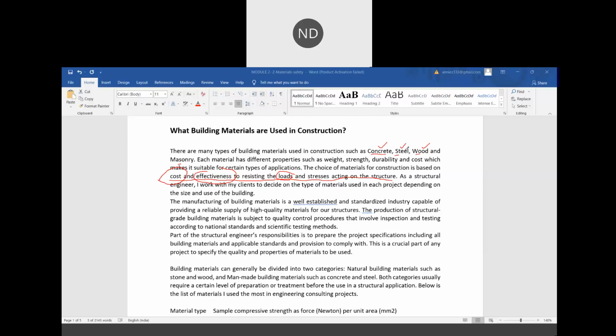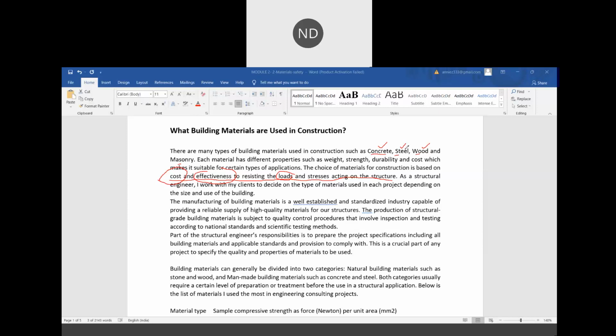But if you desire that your structure is not necessarily going to take much load, just the standard amount of load, then depending upon that you can use another material like wood.